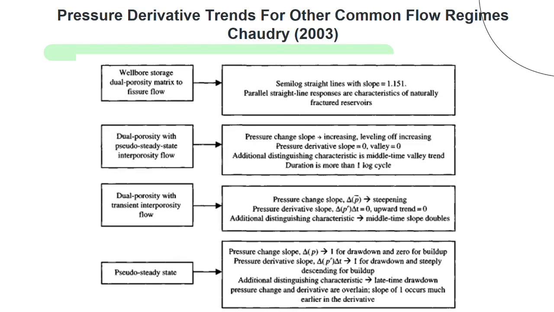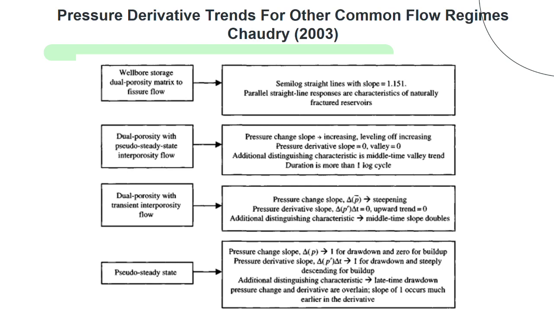According also to Chaudhry 2003, for the pressure derivative trends for other common flow regimes in this figure, the wellbore storage dual porosity matrix to fissure flow says the semi-log straight lines have a slope equal to 1.151. Parallel straight line responses are characteristic of naturally fractured reservoirs.